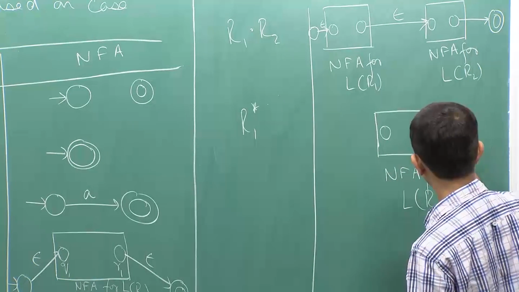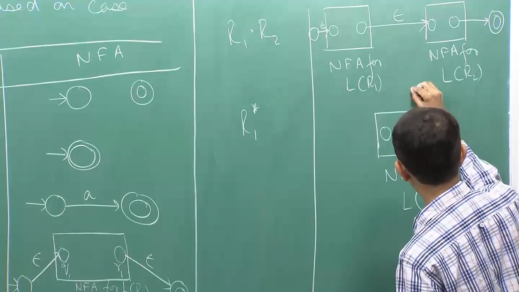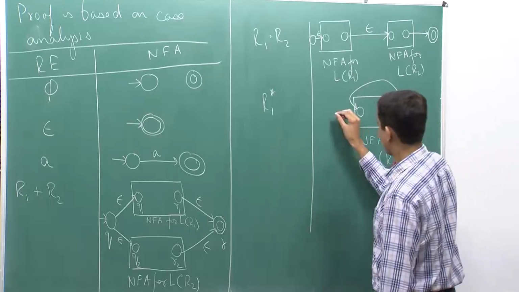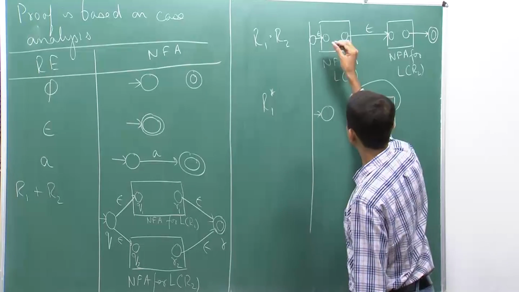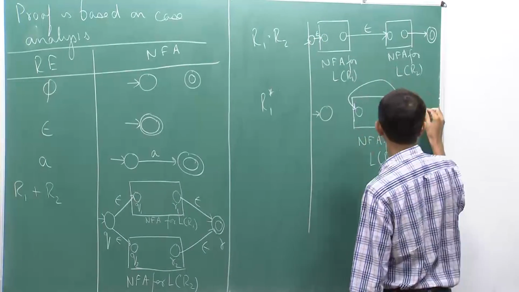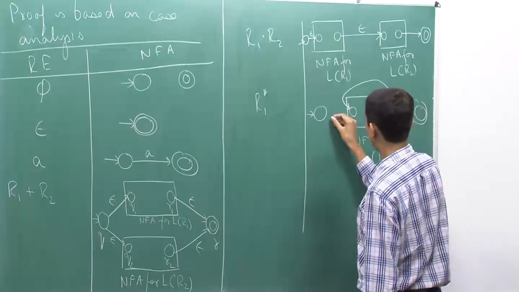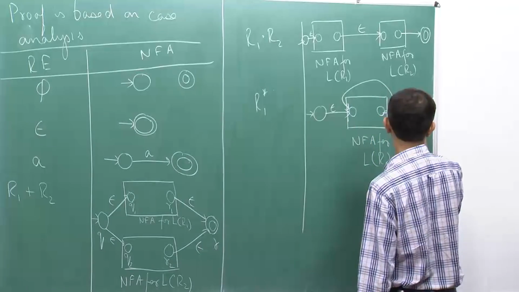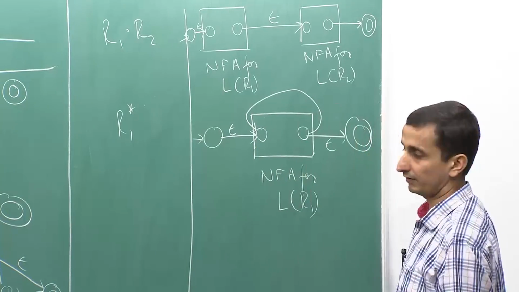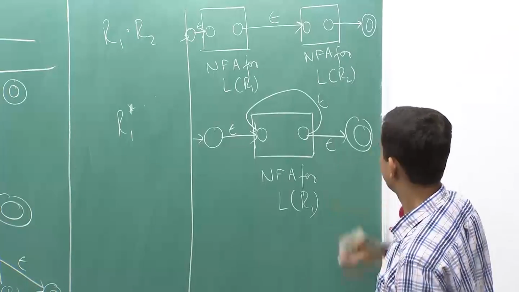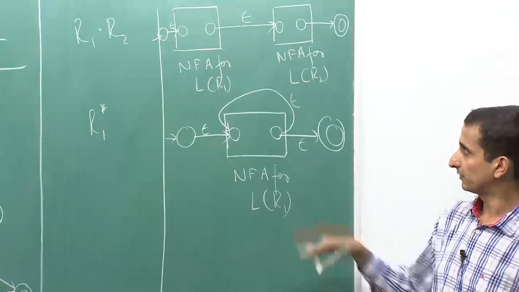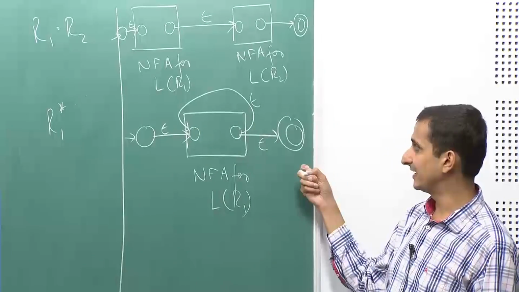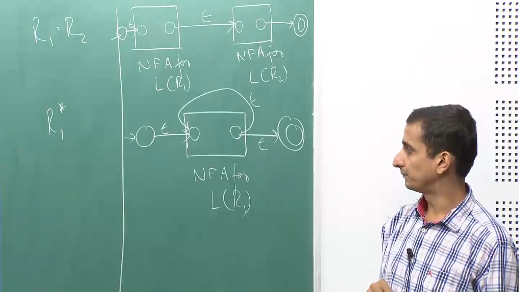I add an epsilon transition from the accept state to the start state of that NFA. I add a new start state and a new accept state, and I add epsilon transitions from here to here, and from here to here. Also this is an epsilon transition. So, in both these cases we have an NFA which has a unique start state, a unique accept state, and it accepts the required language.